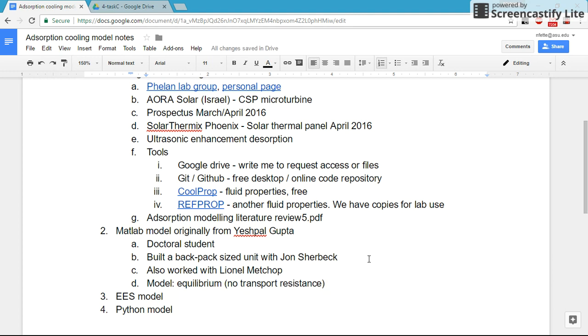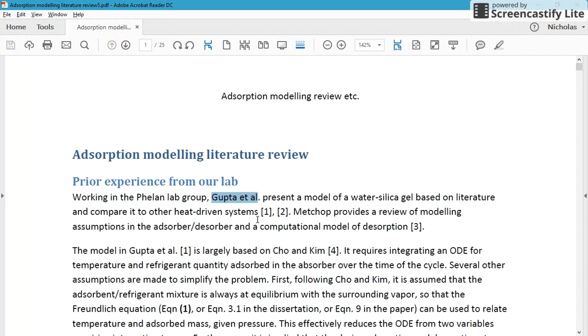There's no explicit modeling of the mass transport in the adsorption bed. So what you should do is browse through the section in the dissertation that talks about the model.